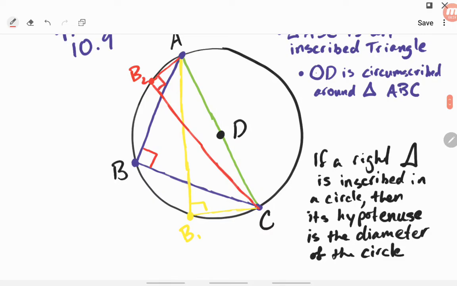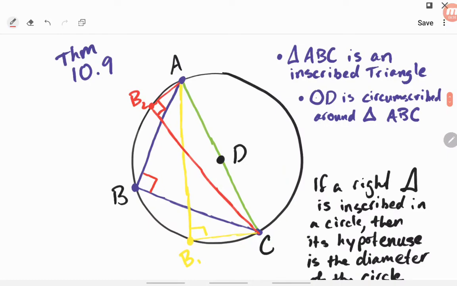So it doesn't matter where that point B is. As long as the hypotenuse of that triangle is that diameter, you're going to have a right triangle. So that gives you the converse of theorem 10.9. If a triangle is inscribed in a circle, and it just so happens that its hypotenuse, or one of the sides, passes through the center of the circle, then you know you have a right triangle.